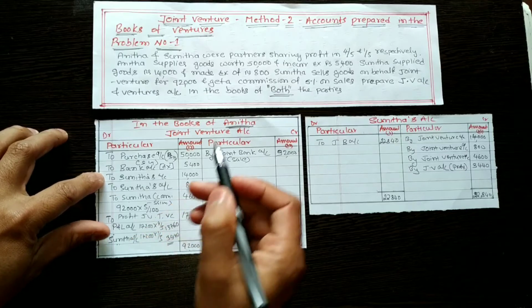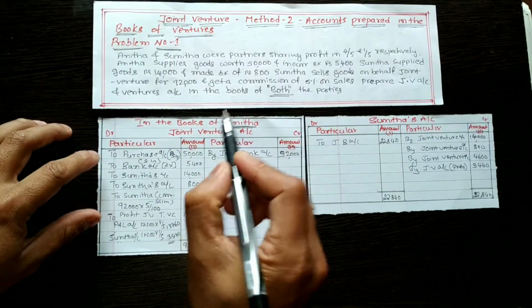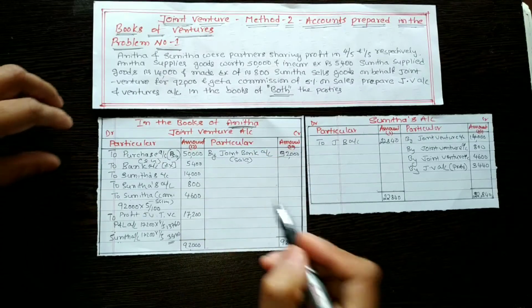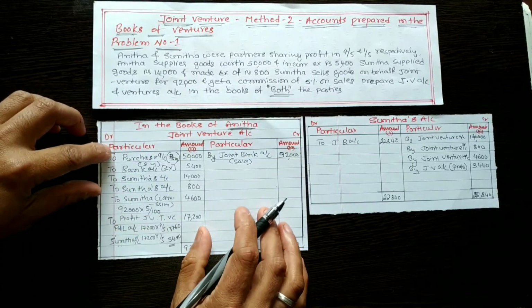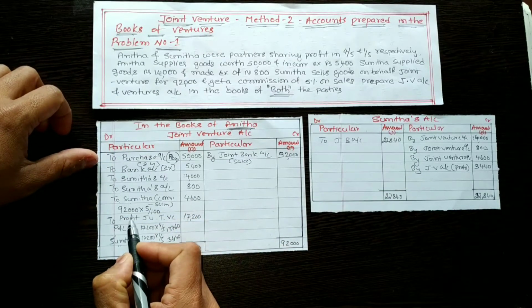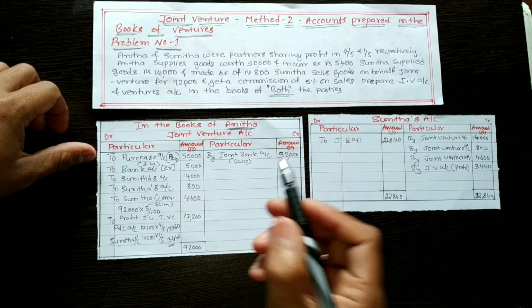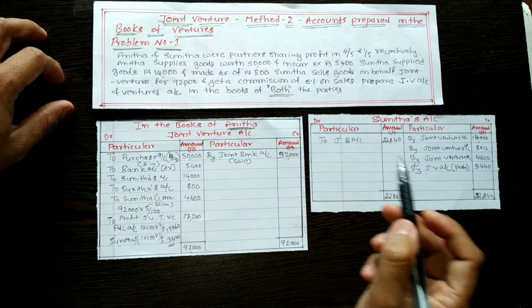So these two major adjustments you have to keep in your mind. Next, regarding Sunita's adjustment, no worries, because we are preparing the accounts in the books of Anita, whatever transaction is done by Sunita is just transferred to Sunita's account itself. And in case of sale, we have to observe who did the sale.